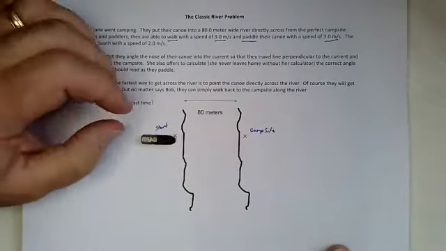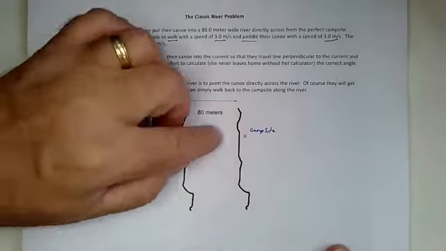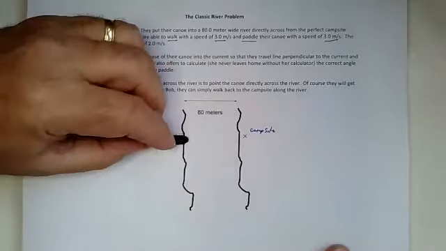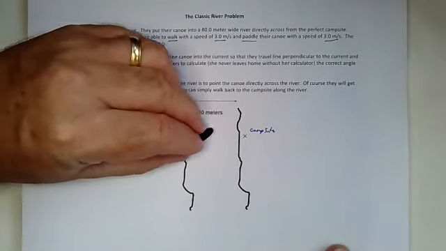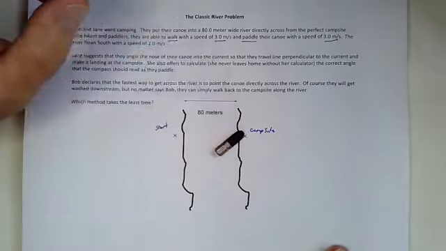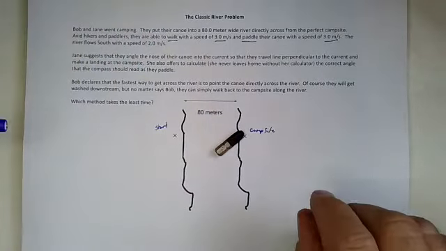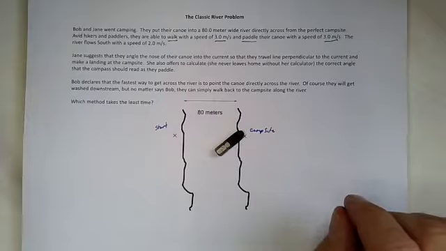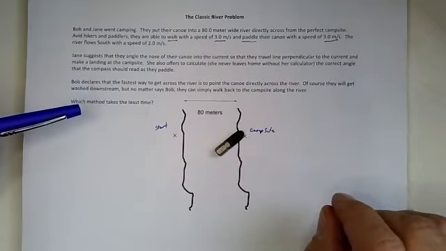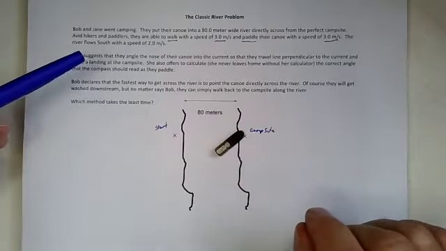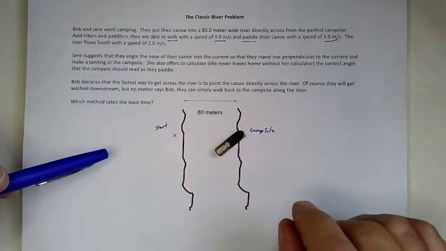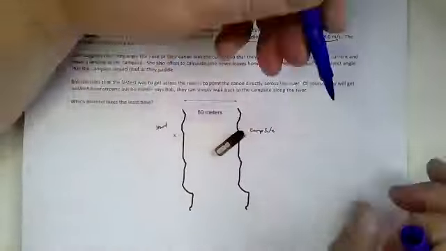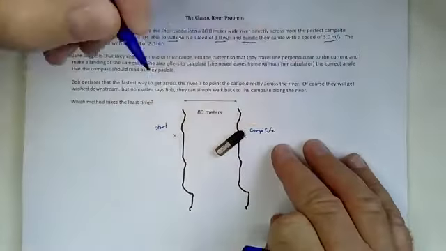In Jane's method, keeping in mind the river's flowing this way, they should angle the canoe like this and paddle, paddle, paddle, going across the river. It's definitely a possibility, and we can think about it. So I'm going to put that as Jane's method over here.